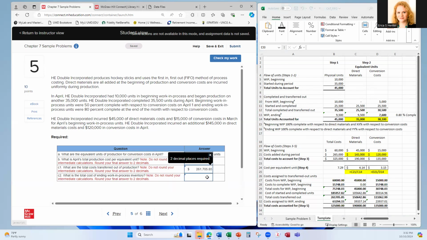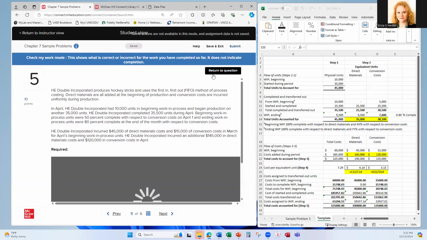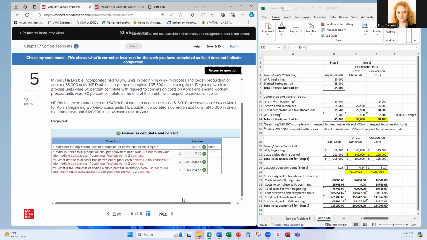It would not let me enter that until I got rid of that notice. All right, so that should get us there. And there we are. Yep.